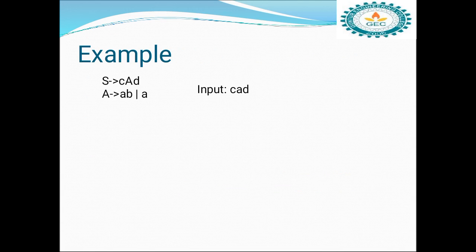So I will explain the following example. Input string is CAD. Using these productions, you can derive a parse tree. So S tends to CAD.